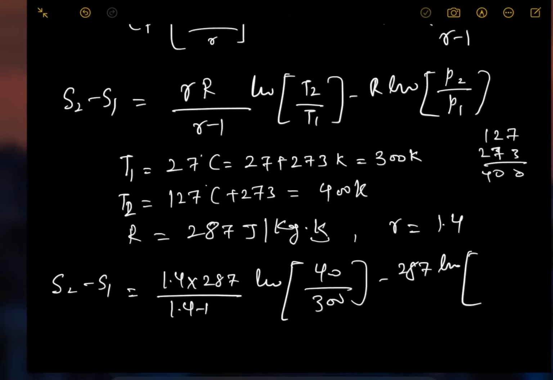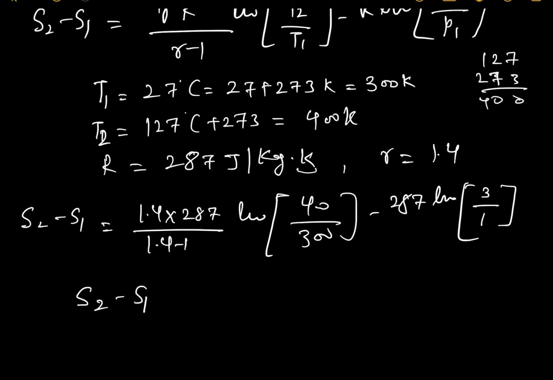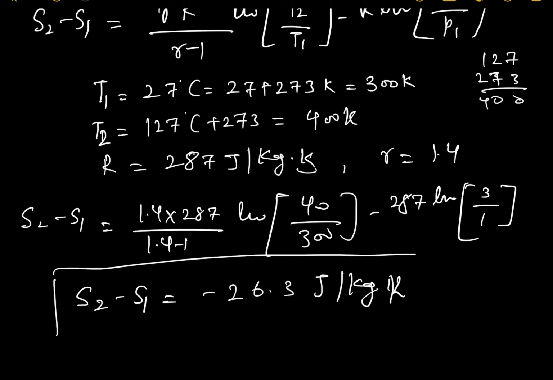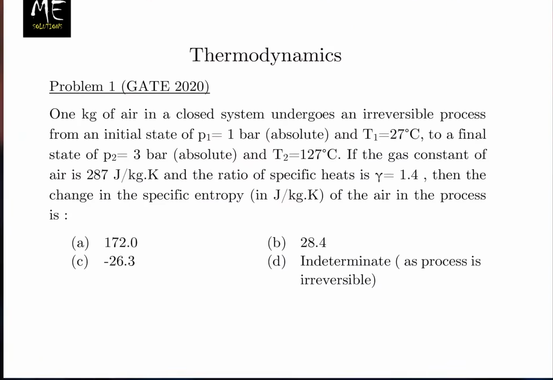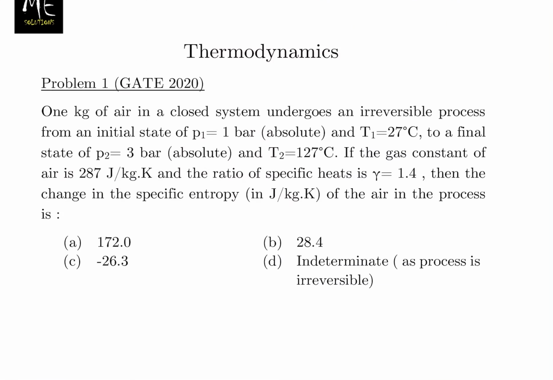So if we solve this, we'll exactly get the value to be about minus 26.3 joules per kg Kelvin. So the answer is C part.